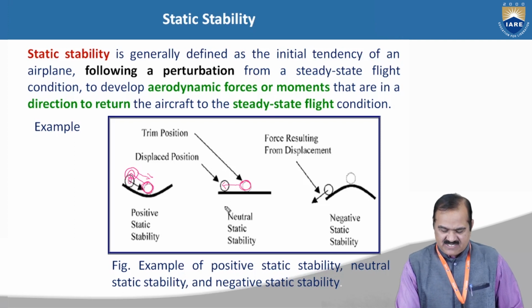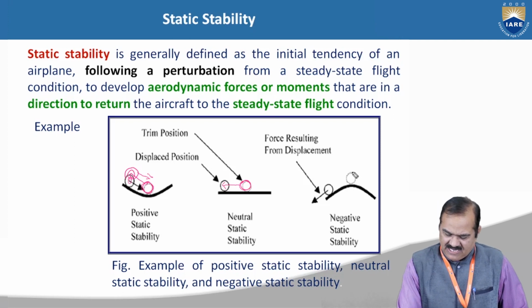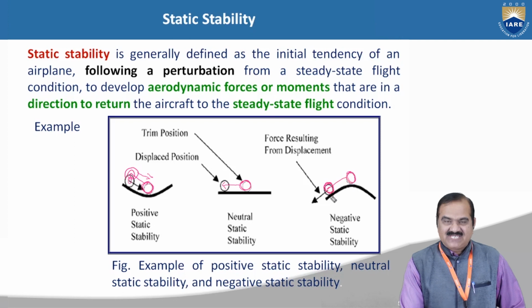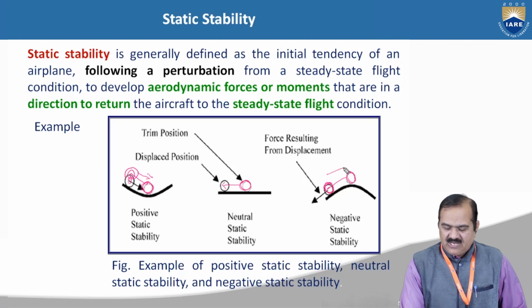The third case is the force resulting from the displacement. If the ball is here and we move it from here to here, in the new location you will see that the tendency of this ball is not to revert to its original position.